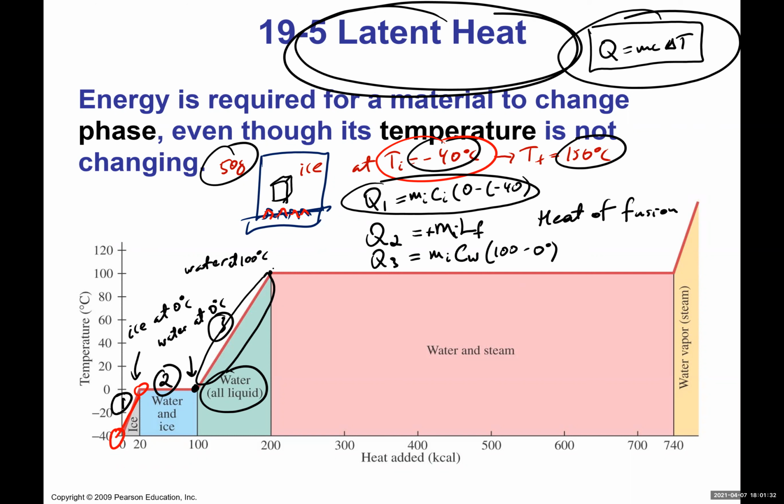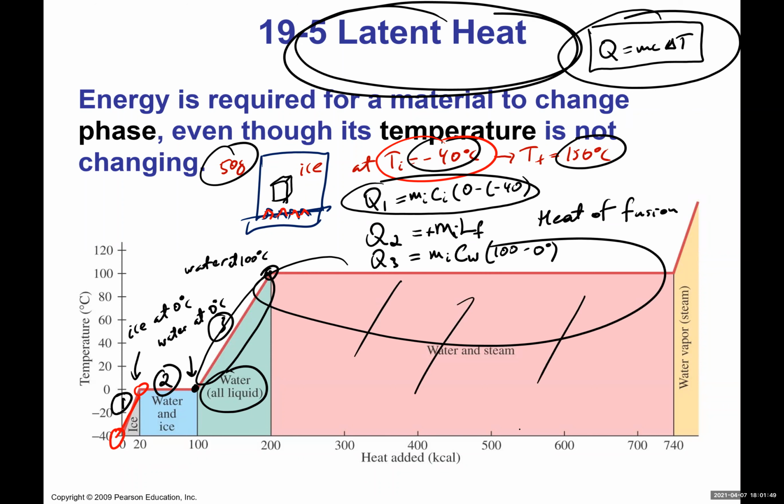Then we get here, where we have water at 100 degrees Celsius. In order to go from 100 to 150, we first need to evaporate all that liquid water. This region represents water and steam, the point where liquid water and steam are in equilibrium.